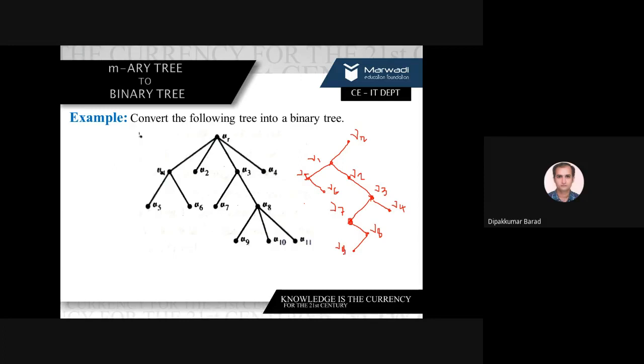Now V10 and V11 are siblings of V9. First we get V10, which according to the binary tree is the right child of V9.